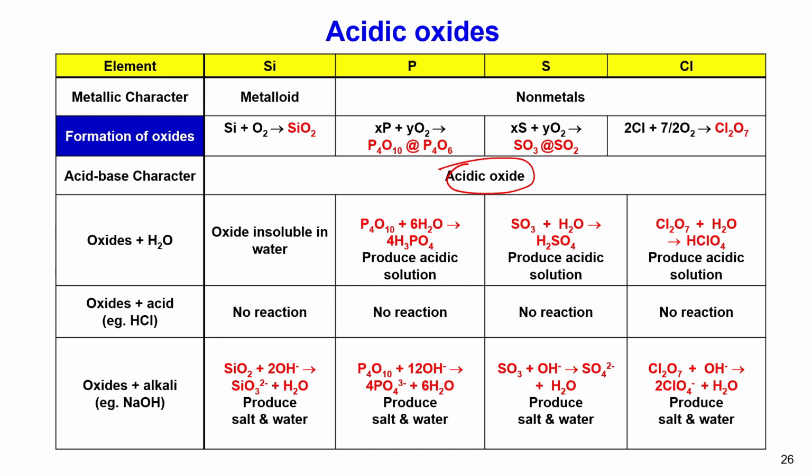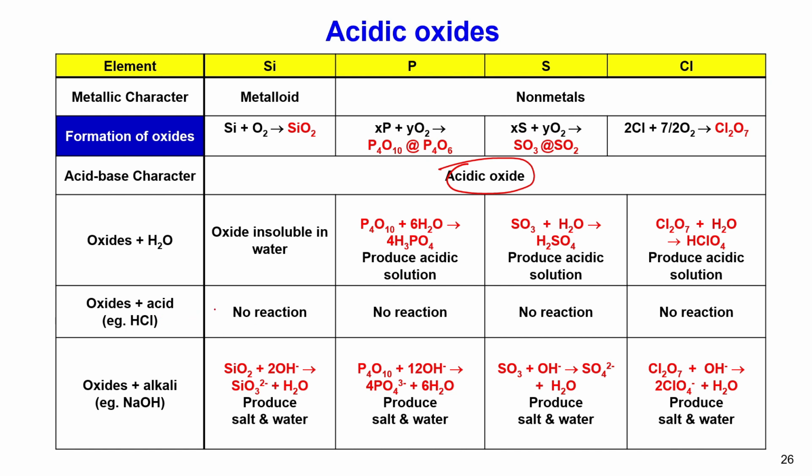Sebelah kanan dia bersifat acid, sebelah kiri dia bersifat base. Oxide plus H2O: kalau untuk silicon, dia insoluble in water. For phosphorus, dia produce acidic solution. Sulfur juga acidic solution, dan chlorine juga acidic solution.